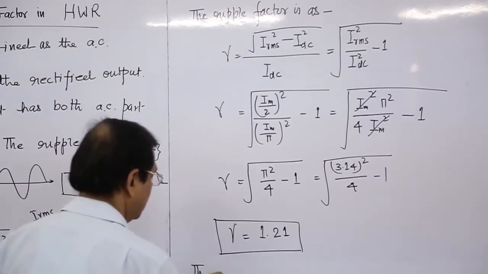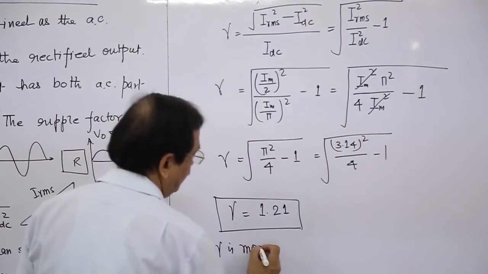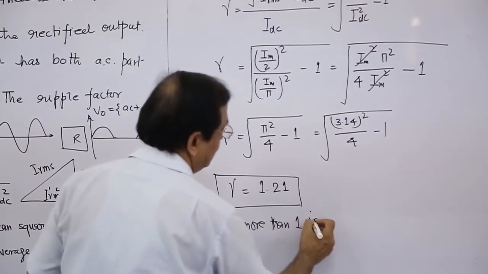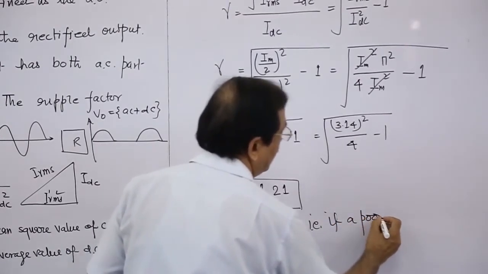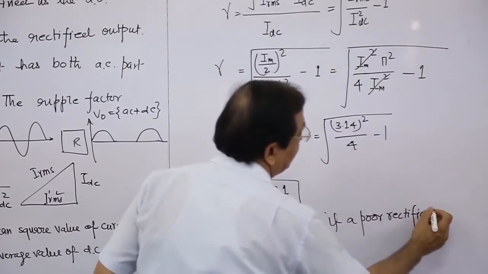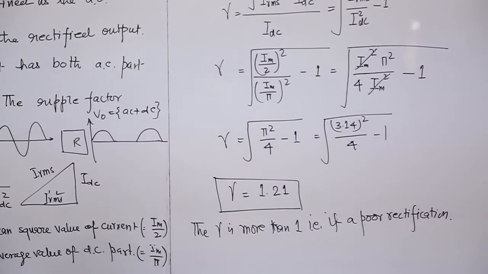So, the gamma is more than 1, that means it is a poor rectification. It is a poor rectification. Gamma is more than 1.